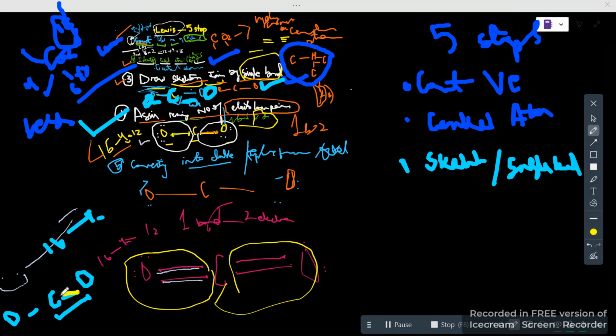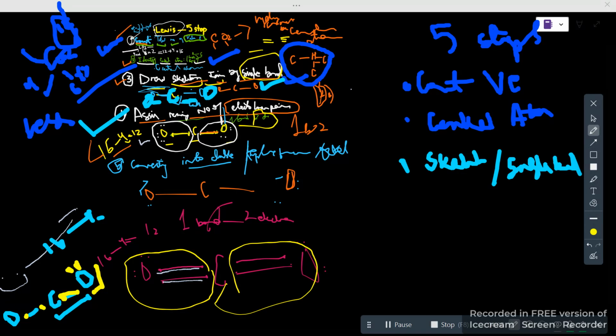This is one bond, this is the second bond, like 1 electron here and the second electron here. So 12 is still remaining. 1 you will add here, 2 3 4 5 6.